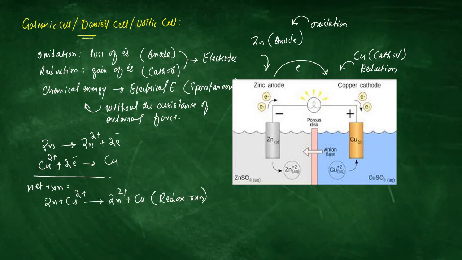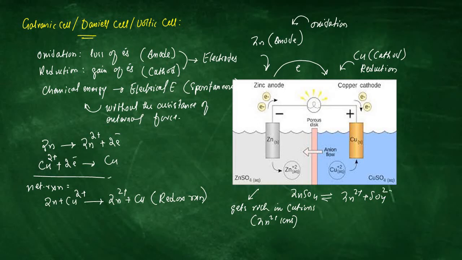So, in other words, we can say that this compartment gets rich in cation or Zn2+ ion. We already have ZnSO4 solution here that ionizes into Zn2+ plus SO4 2-.